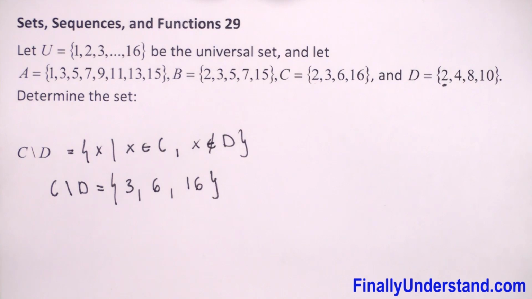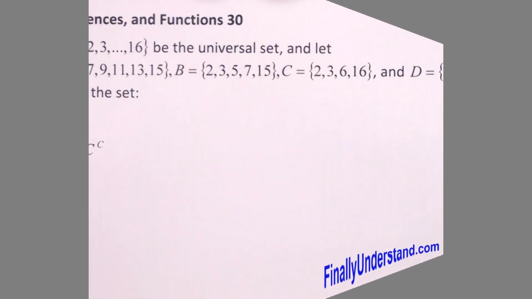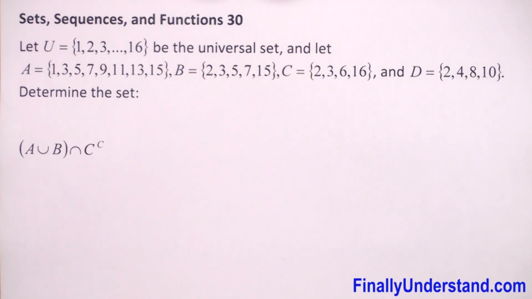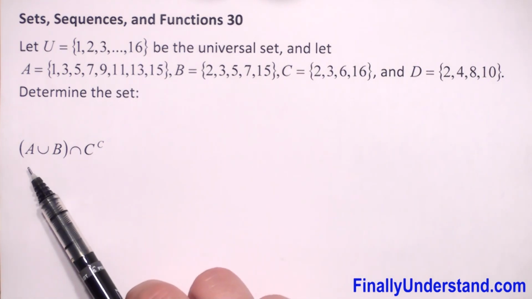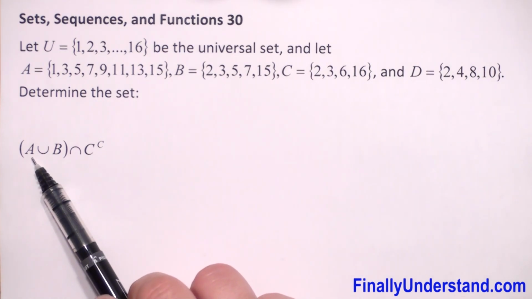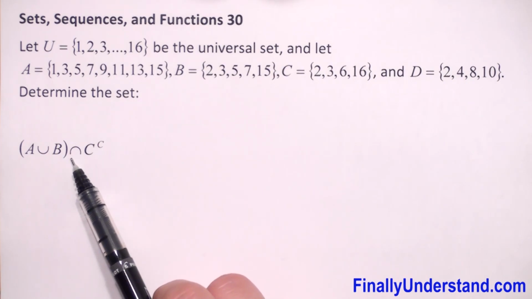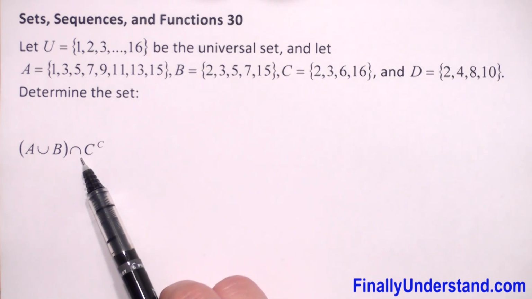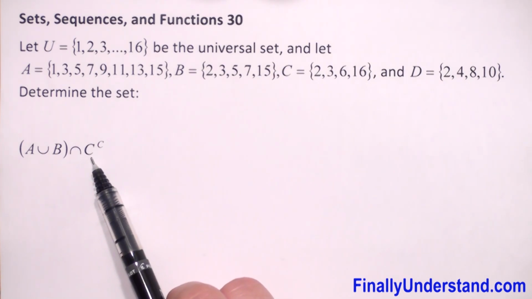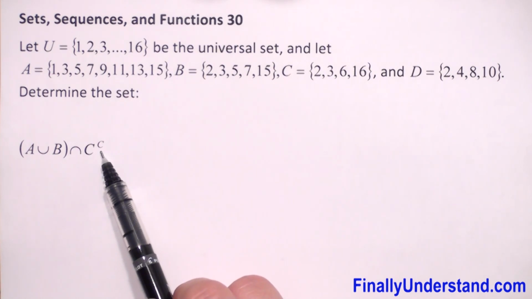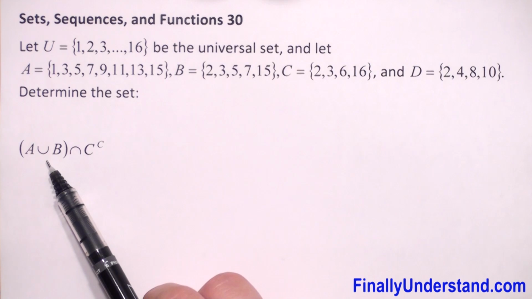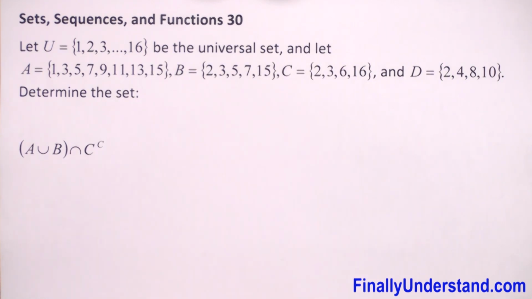This is my solution. We have here universal set U. We have sets A, B, C, D, and we have to determine the set. We have in parentheses the union of set A and B, and we have intersection of complement of C. So first, let me remind you the definition of union of two sets.